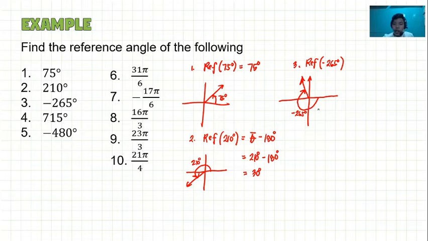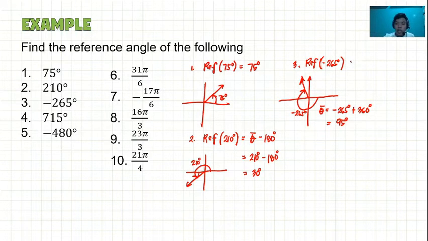So therefore, theta bar now will be equal to, so this is our coterminal angle, negative 265 degrees plus 360 degrees, right? So negative 265 plus 360, that is equal to 95 degrees. So therefore, our theta bar now is equal to 95 degrees.